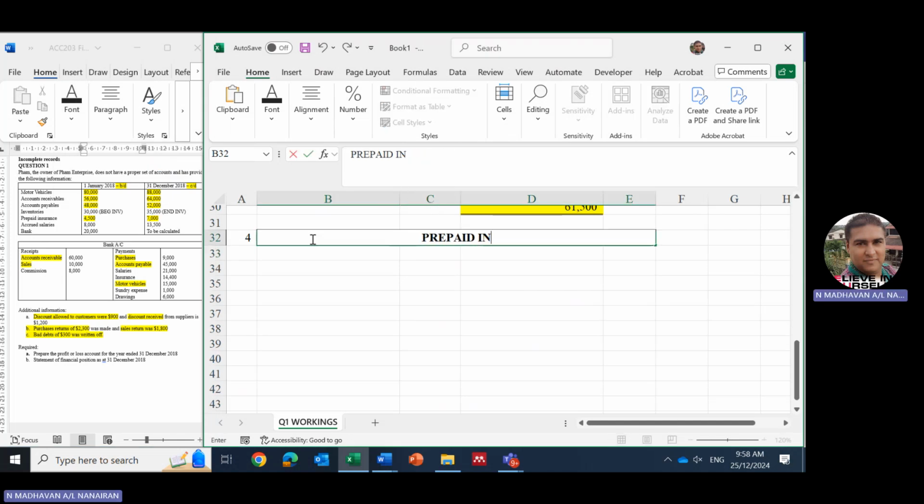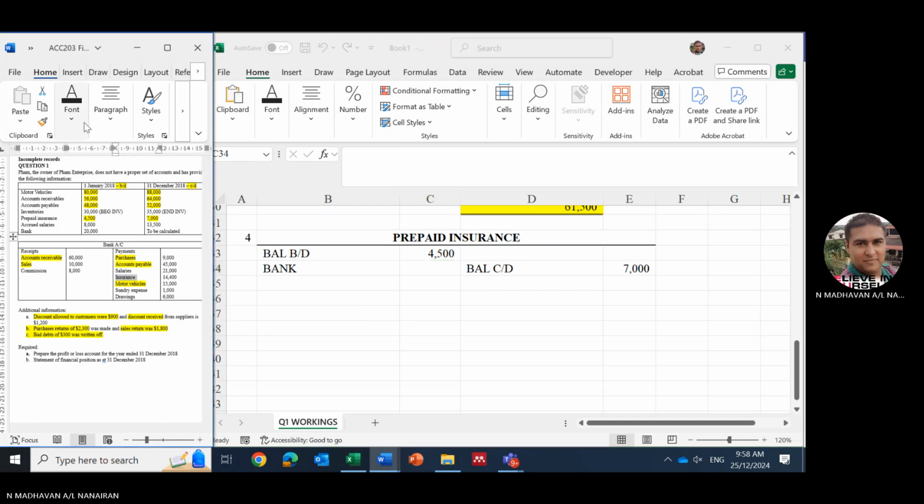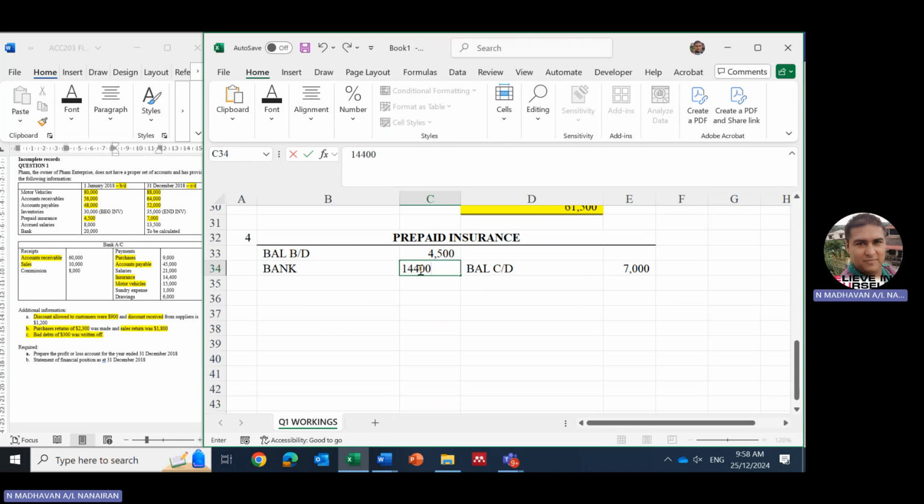So prepaid insurance. What's your brought down? 4,500. Carry down 7,000. How much is bank? 14,400.